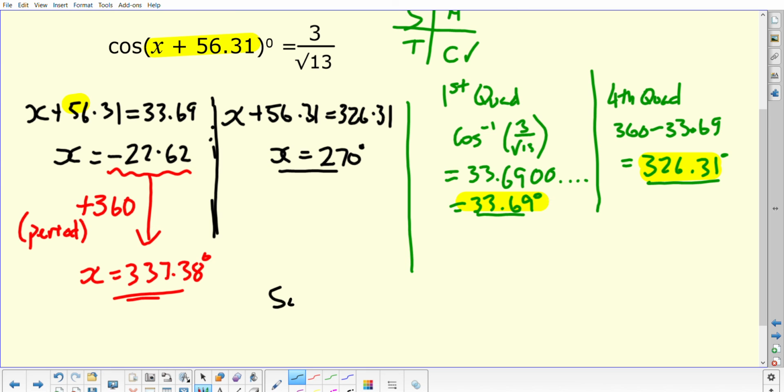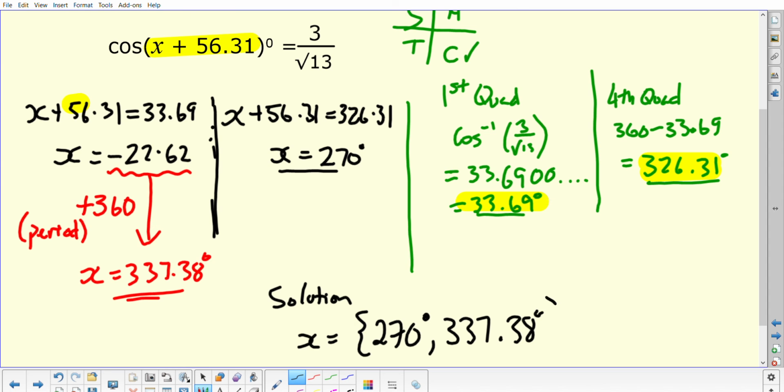So your final solution is these two values of x equals 270 and also 337.38, and that would be your two values in your interval.